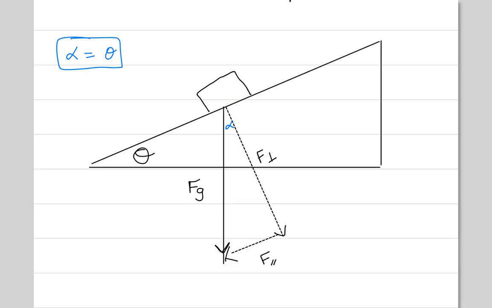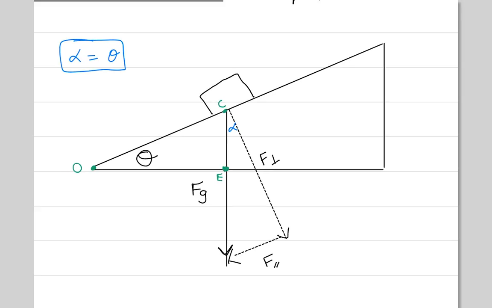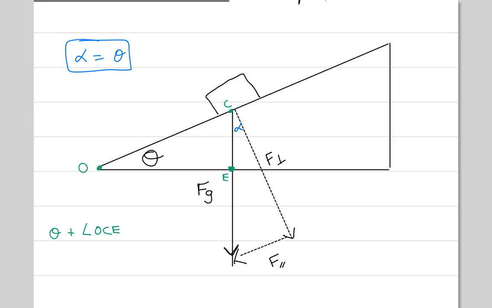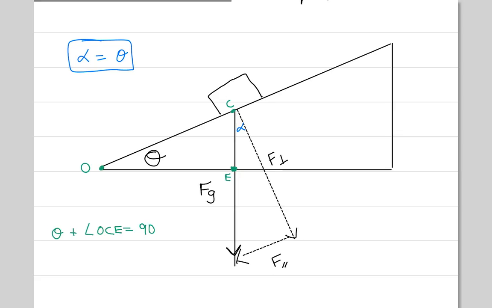Okay, so you want me to prove it to you? Okay. So call this O, call this C, and call this E. These are points O, C, E. Then we can do theta plus angle OCE is equal to 90 degrees.